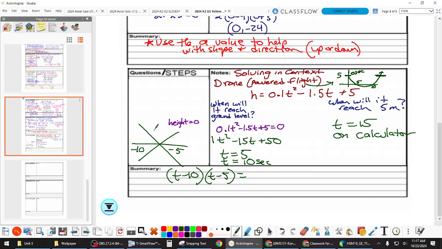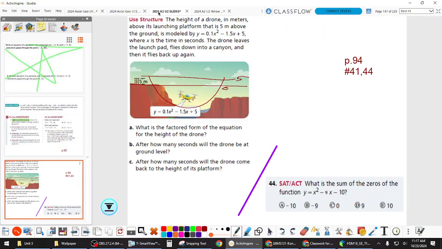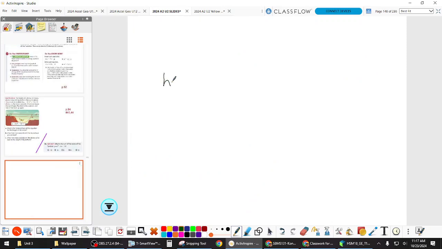Before we move on, I want you to try this once on your own. So we'll think of the drone scenario again, but let's say our height is a different function. So clear your calculator. Let's say this time we're starting from a 20-meter platform.